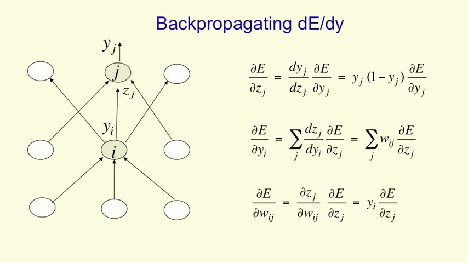So the rule for changing the weight is just you multiply this quantity you've computed at a unit, dE by dzj, by the activity coming in from the layer below, and that gives you the error derivative with respect to a weight.